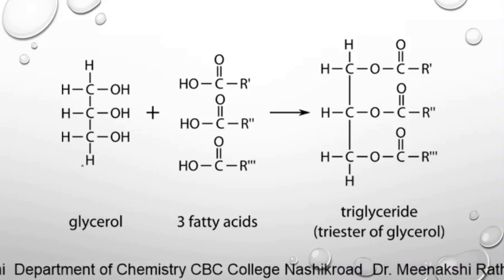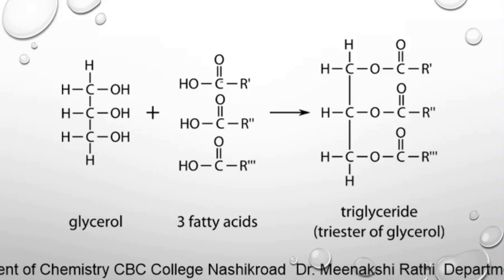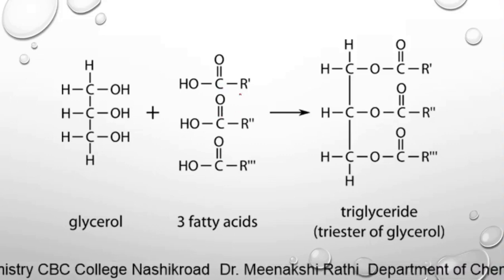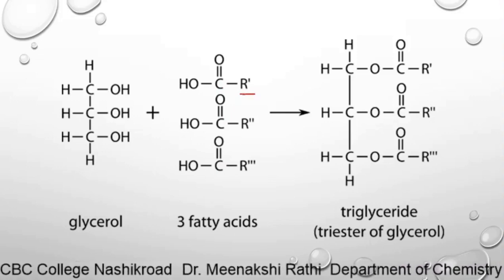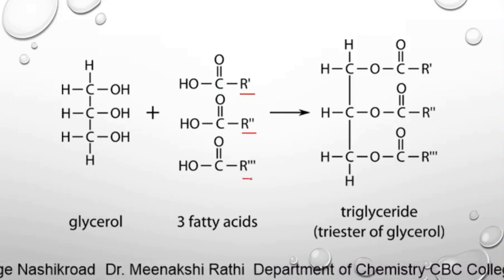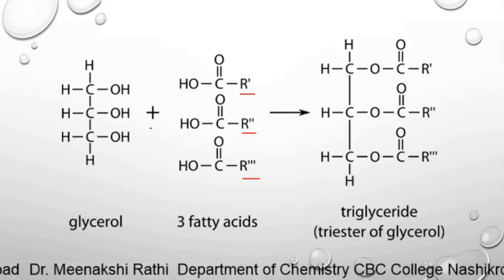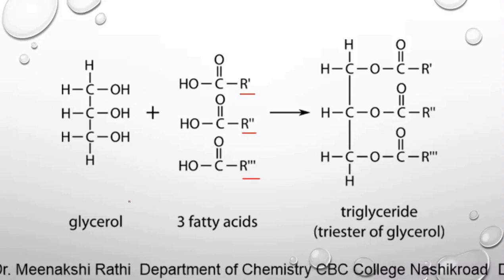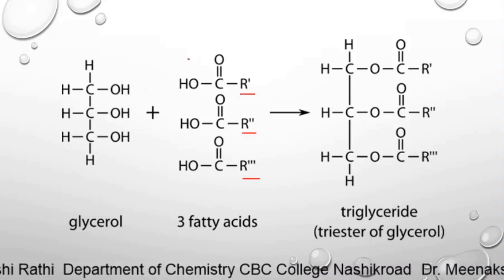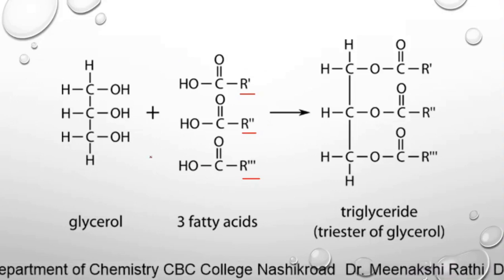To this trihydric alcohol, 3 fatty acids are attached. Fatty acids means this R group is a long hydrocarbon chain, which may be saturated or unsaturated. So when one molecule of glycerol is combined with 3 molecules of fatty acids, there is an esterification process.